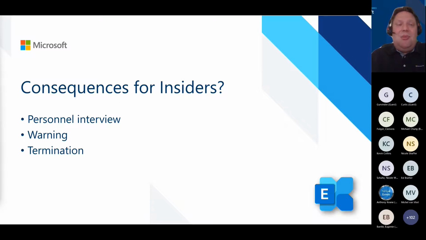So these are very hard consequences, and what we can also do automatically, and this is my favorite, is not a warning or a termination of a contract, but sending the people, for example, a note like: beware, here is a video session about compliance and communication or the code of conduct, so that we can help.